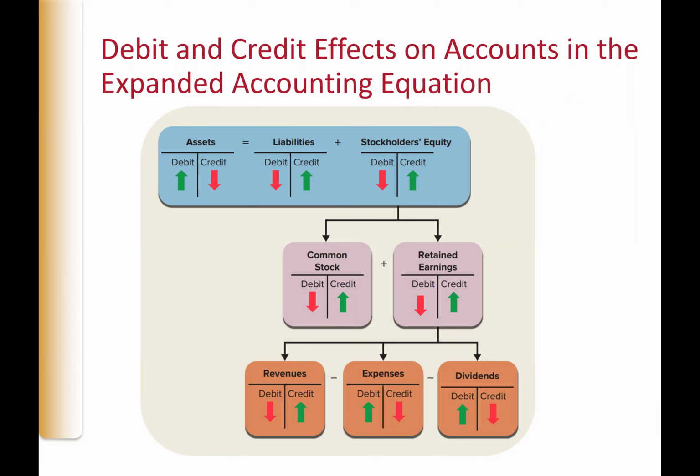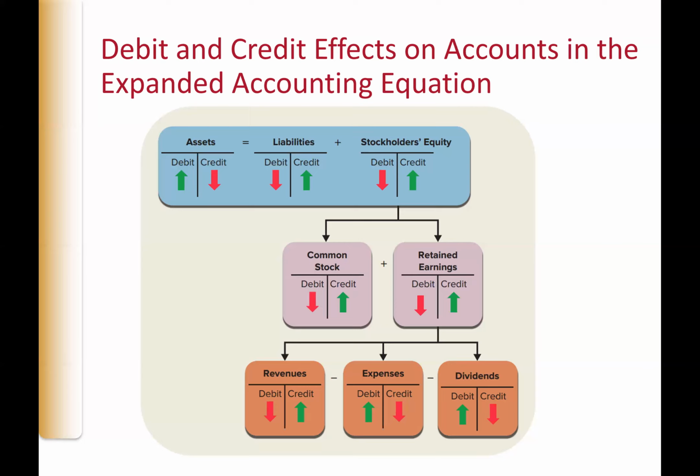But guys, do not forget, write these down. Expenses increase with debits and decrease with credits because expenses reduce our retained earnings. And dividends also reduce our retained earnings. Please show the revenues, the expenses, and the dividends.